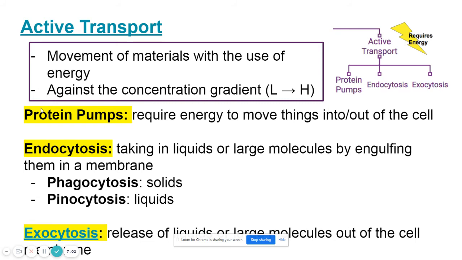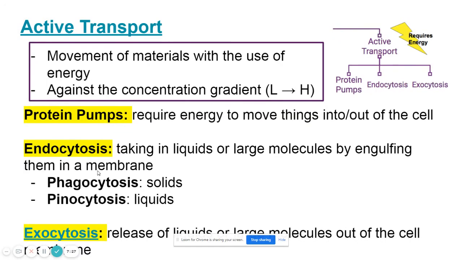If the cell is bringing in or out these ions, again, against the gradient, using energy, it will use protein pumps. Something like potassium and sodium, all of these really important ions which are essential for keeping our cells alive, will be moved in and out using protein pumps.